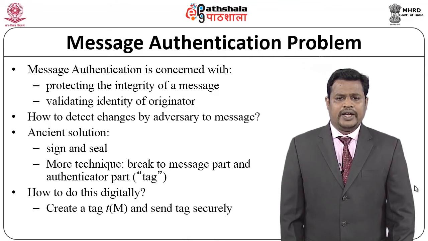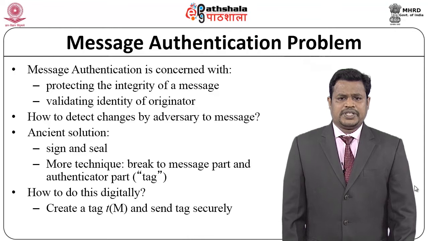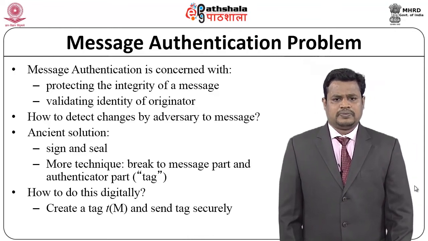So how am I going to validate where the message has been originated? As we have seen in a scenario with Alice and Bob, where Alice wants to send a message to Bob, when she sends a message, Bob will verify the message with the help of a hash function.